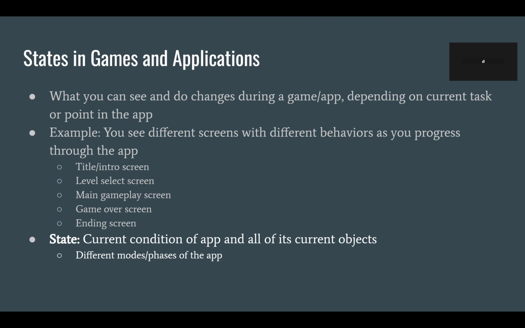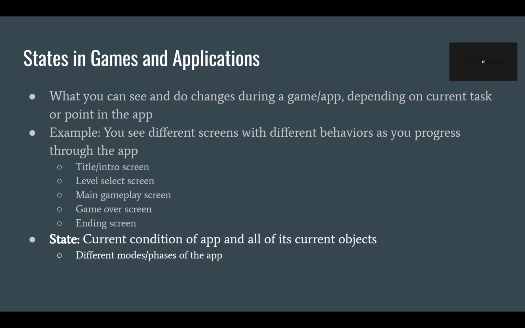Then you have the main gameplay screen. So if you think about a really simple game, like those match three games, like Candy Crush or that sort of thing, the main gameplay screen is where you actually have the action of the game, what everybody really signs into your app to play, right?